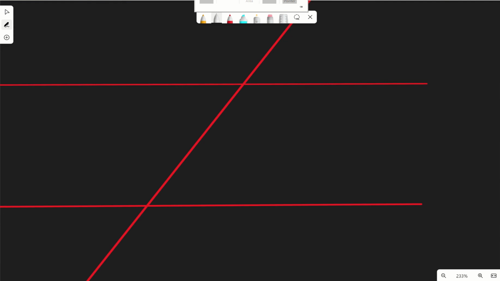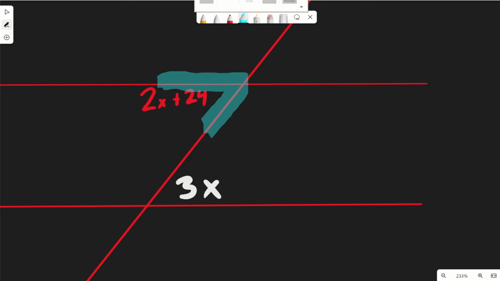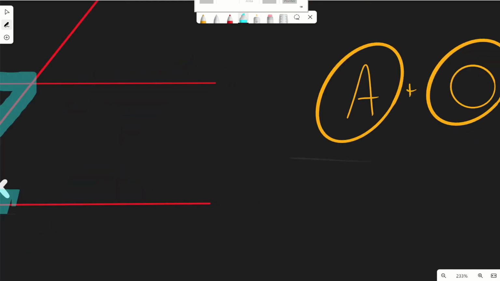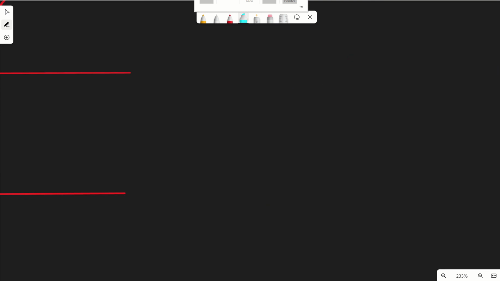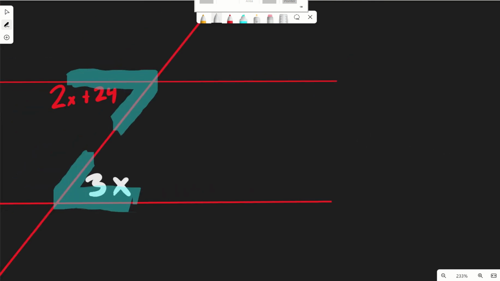Let's say this angle is 3x, and this angle here is 2x plus 24. Well, these are both my acute angles. So these two added up together are not going to equal 180. But what these two will equal is each other.